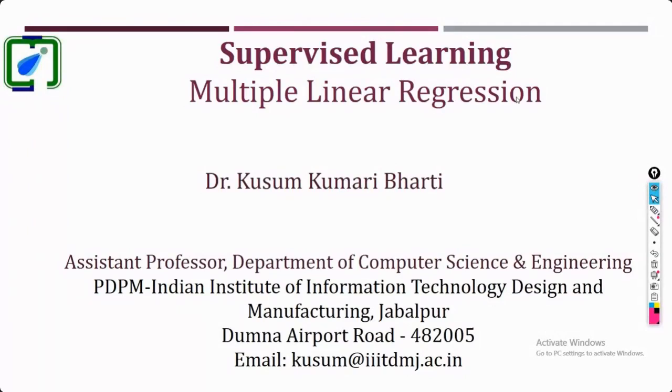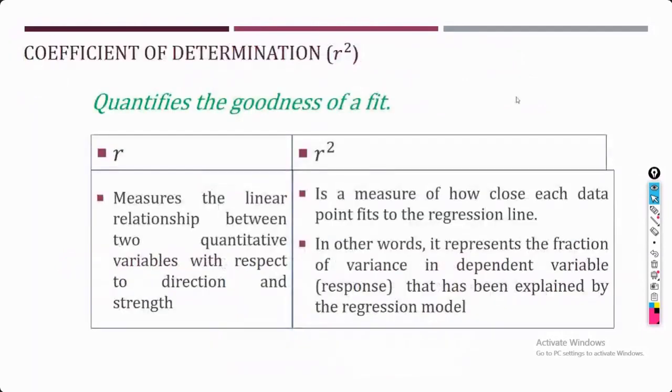Once I have created the model, next I need to quantify how much of the information present in my training instances has been covered by the prepared model or not. That quantification we are going to do with one performance measure. The name of the performance measure is R squared. So we are going to quantify the performance of my regression line using this R squared.